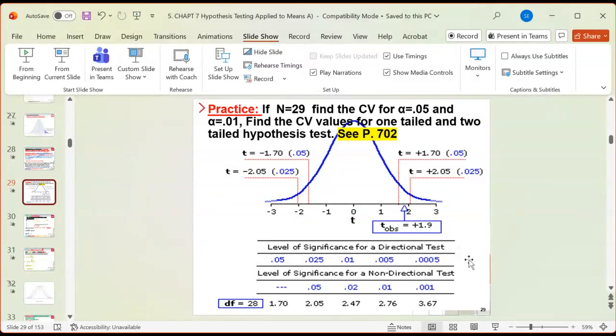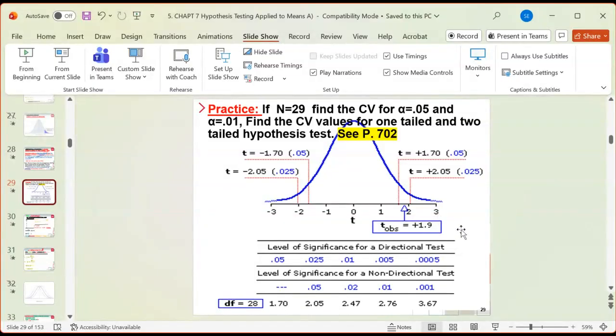The alpha that we use for social sciences is either 0.05 or 0.01. Here you see at the bottom, the blue color, 0.05, 0.025, 0.01. We don't use those except 0.01 or 0.05. And they are on page 702.